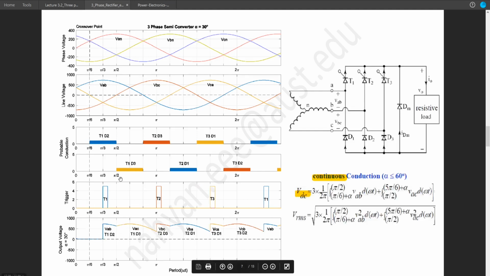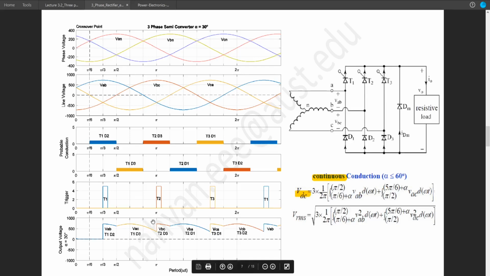At this point D2 will be turned off because the cathode of D2 is not the lowest voltage. At this point the cathode of D3 will be lowest, which is VCN. From that point on, T1 and D3 are turned on, so we will get VAC.